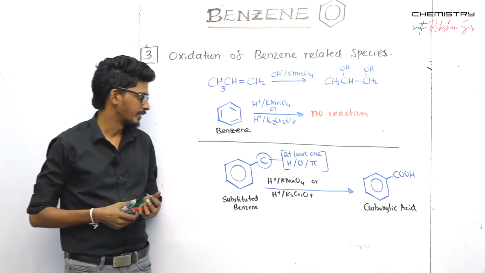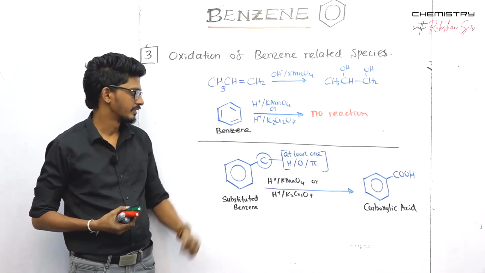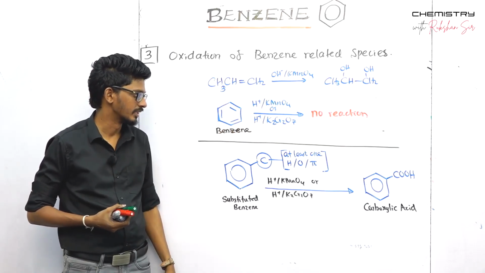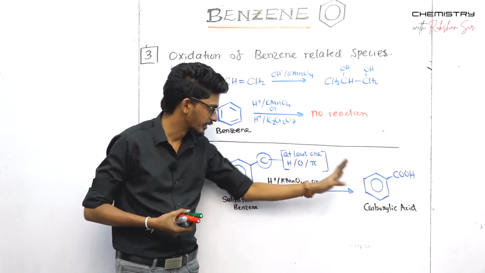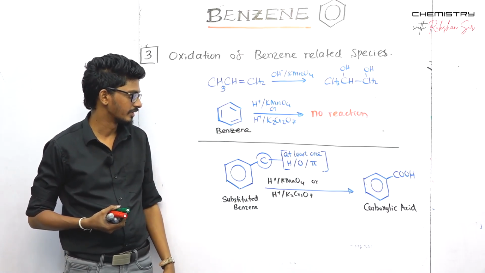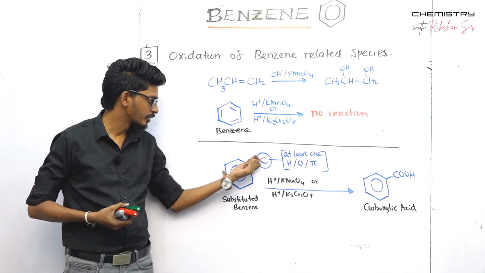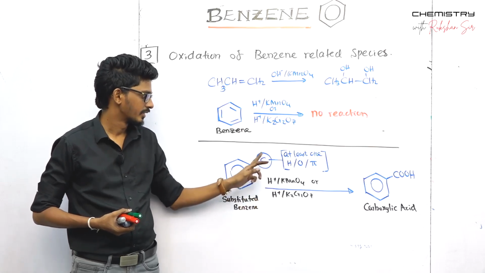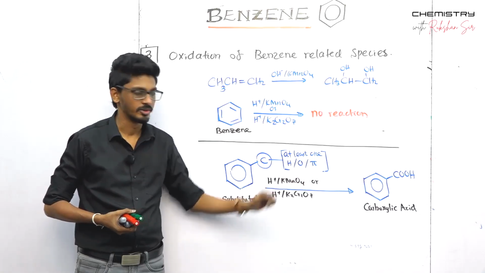So again, I'm telling you, even though the benzene ring won't get oxidized with the strongest oxidizing agents available in our syllabus, still the substituted benzene will get oxidized like this. But some requirement should be fulfilled. What is the requirement? The carbon which is directly connected to the benzene should have at least one bond with hydrogen, or at least one bond with oxygen, or at least one pi bond.